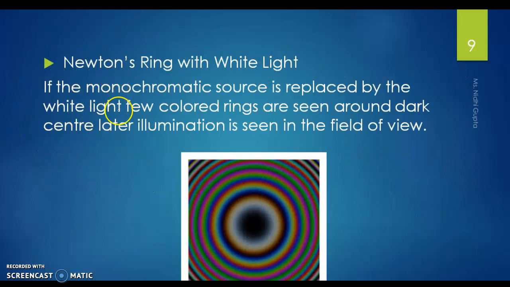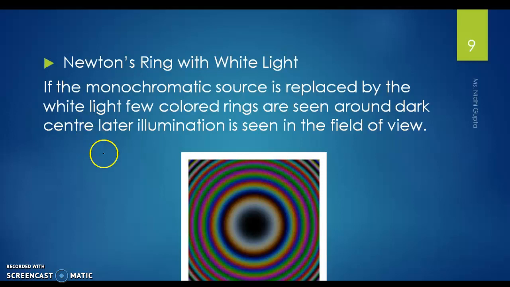What will happen if Newton's rings are seen using a white light source? If we use the sodium lamp, which is a monochromatic source of light, we observe dark and bright fringes. But if white light is used in place of a monochromatic source, then some colored rings will be seen with a dark center.